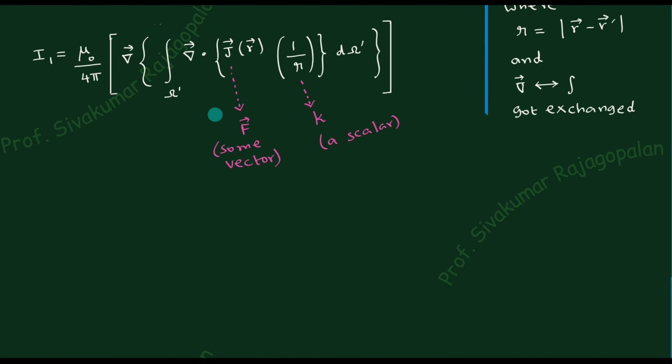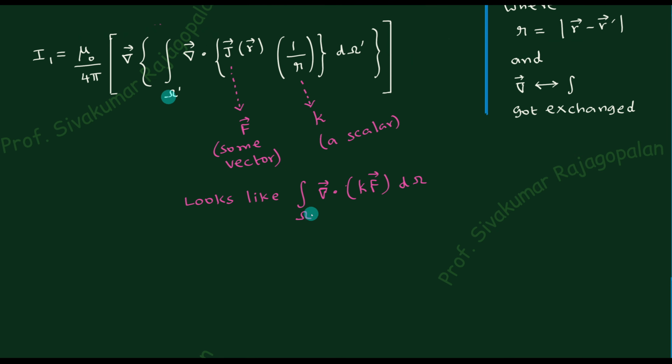It looks like some standard rule in vector calculus. I will write down: the integral is looking like the integral of the divergence of k times F, that is some scalar times F, d omega. That is how the integral is essentially looking. As you can see, this is the divergence of k times F, or F times k, no change. It's only scalar multiplication, so 1 by r can be the first term or second term. That doesn't matter.